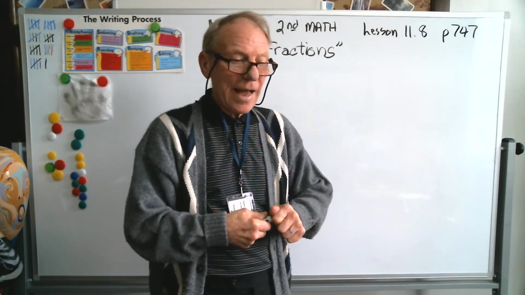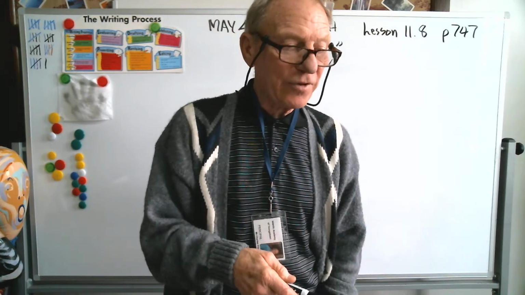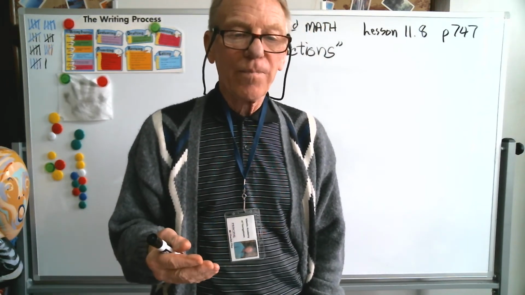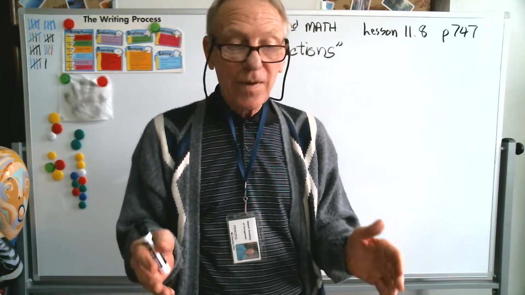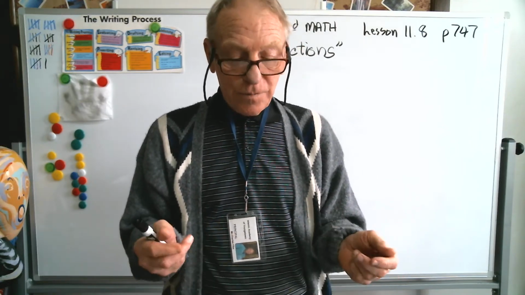And what we're looking at as we go through these next 4 or 5 chapters is equal. Equal means that they're the same, that they have the same value. So let's see what we got to do here.